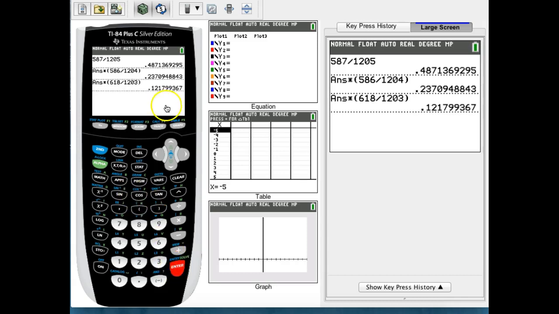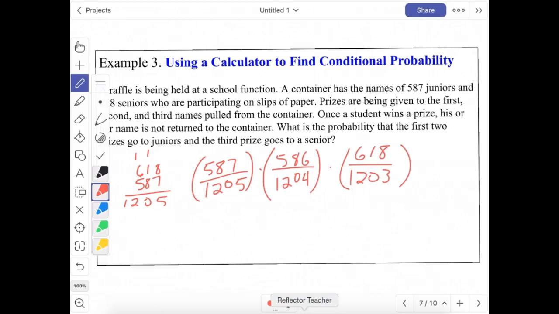Okay, so the probability of this happening would be 0.1217, or as far as percents go, 12.2%.